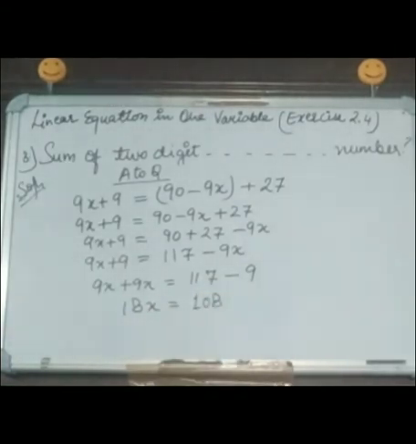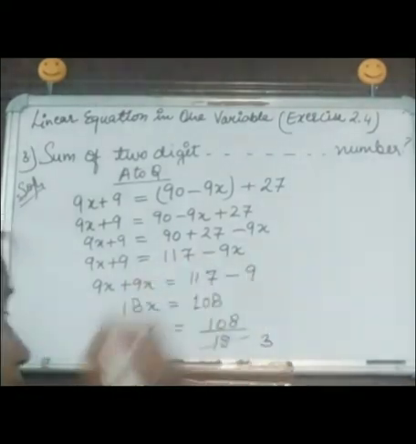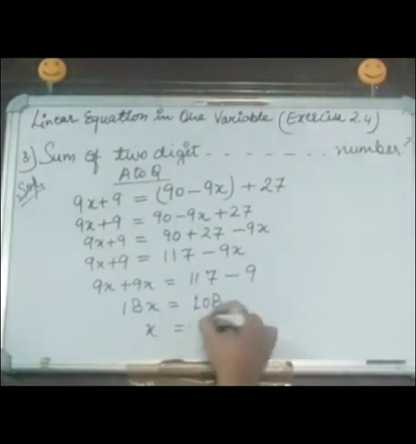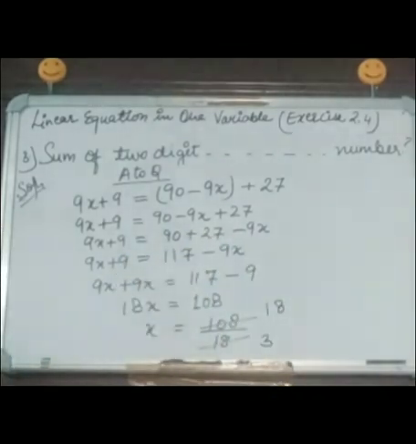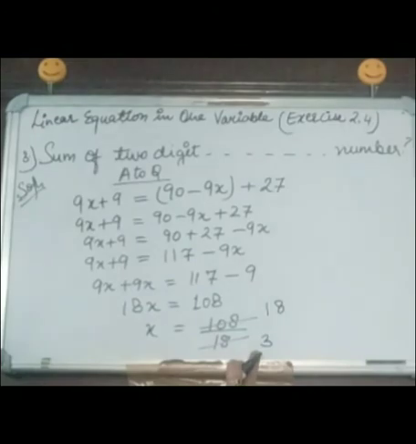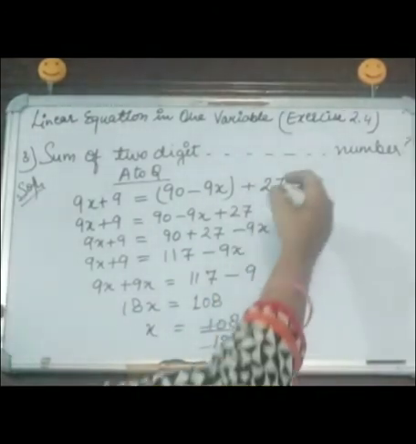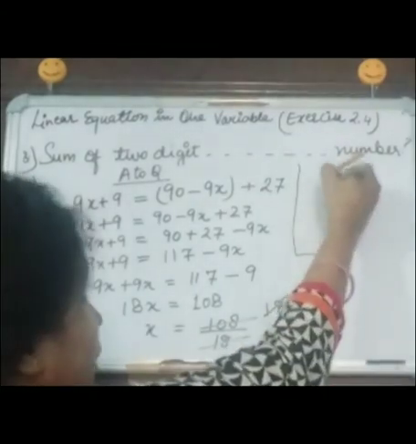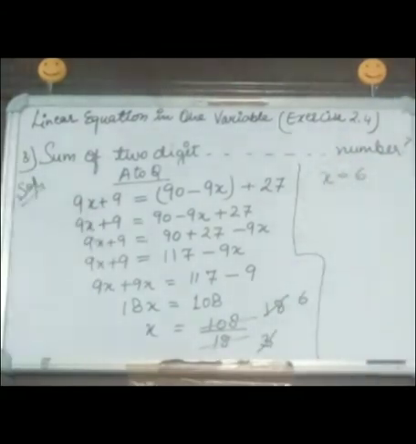Now we will solve by reducing. First of all I am dividing by 6. 6 3s are 18, 6 1s are 6, 6 8s are 48. Now again it is reducible. 3 6s are 18. So the value of x is 6.